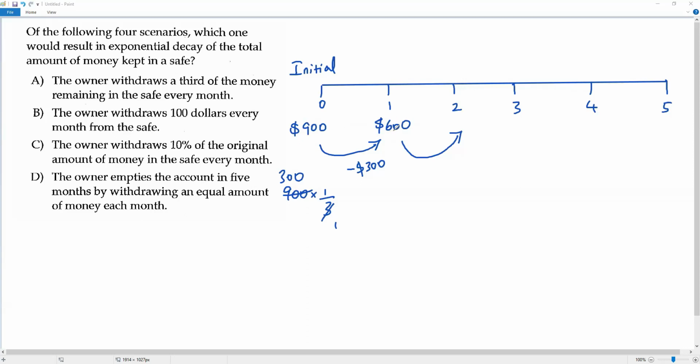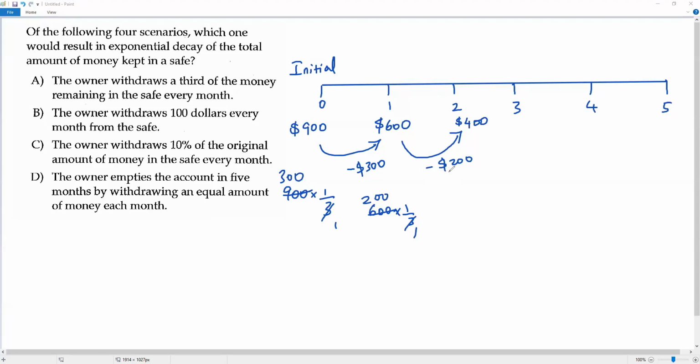So 600 times 1/3 is 200. So $200 is withdrawn at the end of the second month. If I subtract this 200 from the 600, then $400 will be remaining at the end of the second month.